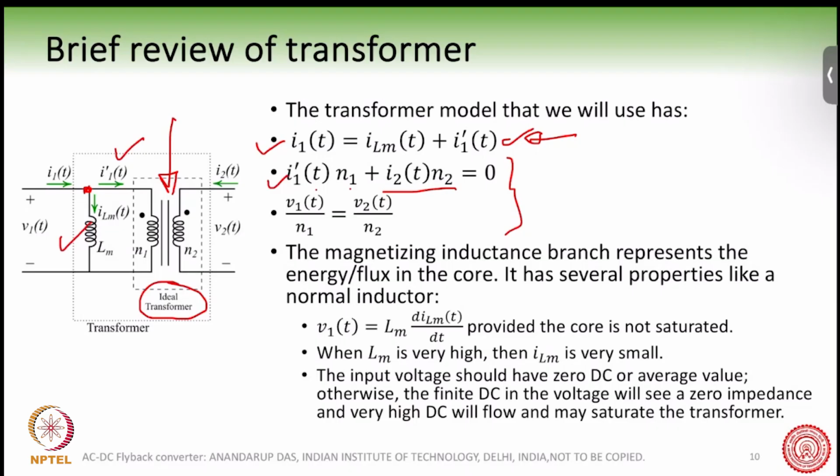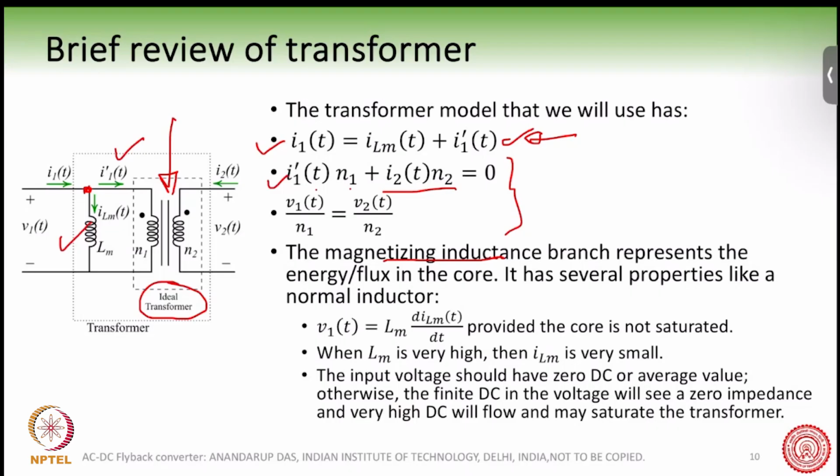This Lm, or the magnetizing inductance, has properties that follow the property of an inductor. Because, as I told you, this transformer is going to store energy for some point of time, and we are also going to use switches along with this transformer.